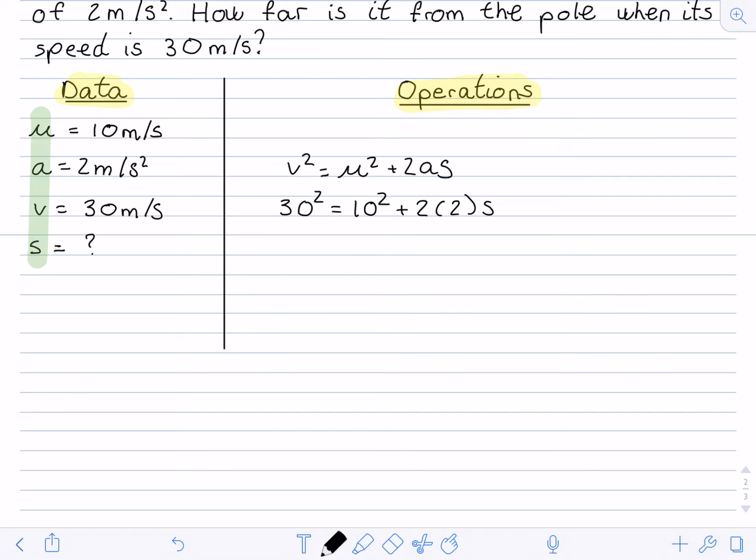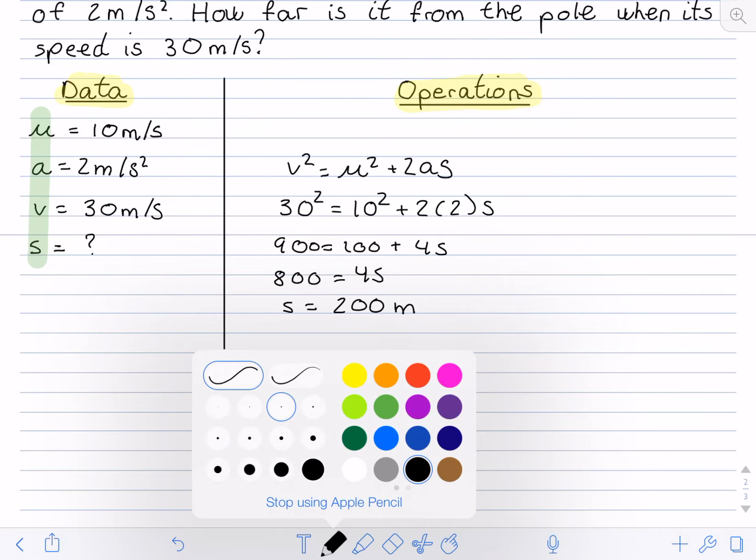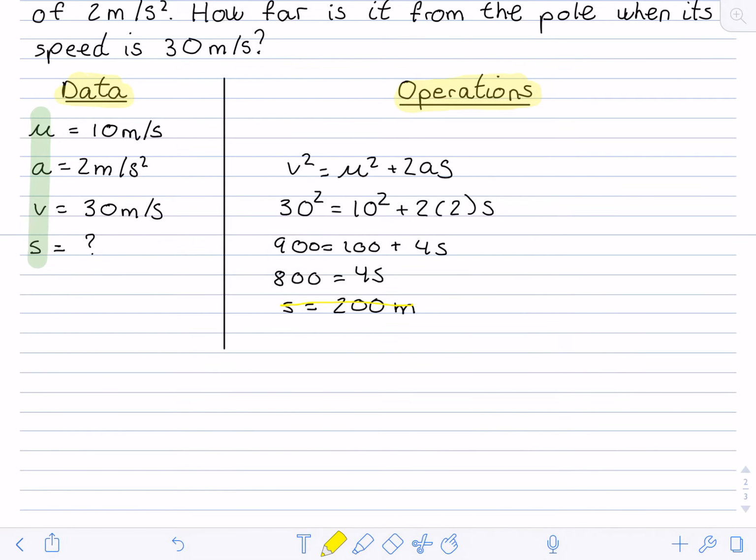So 30 times 30 is 900, is equal to 100 plus 4s. We bring the 100 over as a minus, so we have 4s, and s is equal to 200. So it's 200 meters. That's what the question is asking us, so this is our answer.